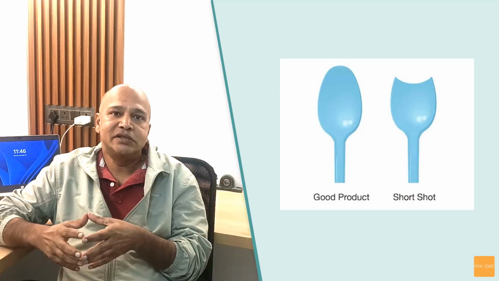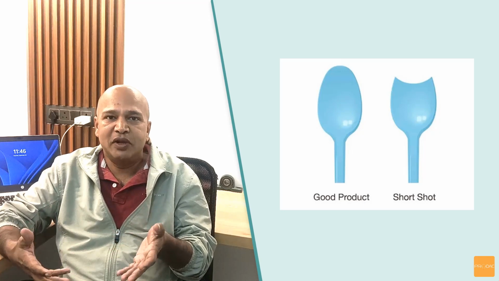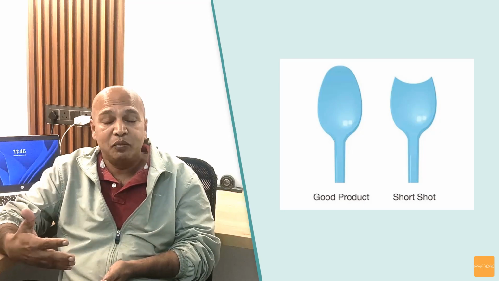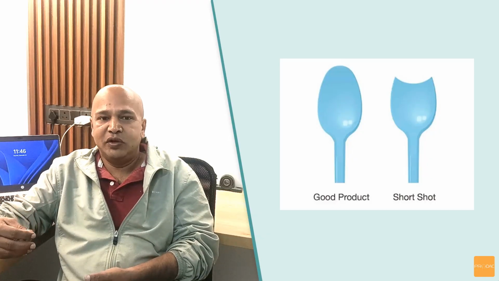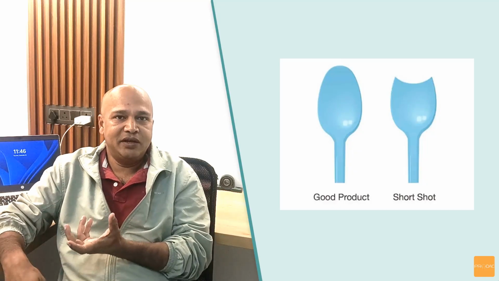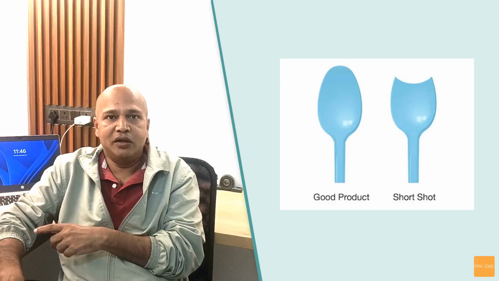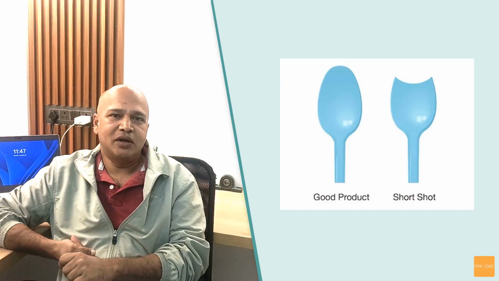Some of the portion is still unfilled. The mold has not been filled completely with the plastic, and so the part is incomplete. You can see in the picture shown here the expected part, the expected design, and how the short molded part looks. It's very easy to identify short molding parts.